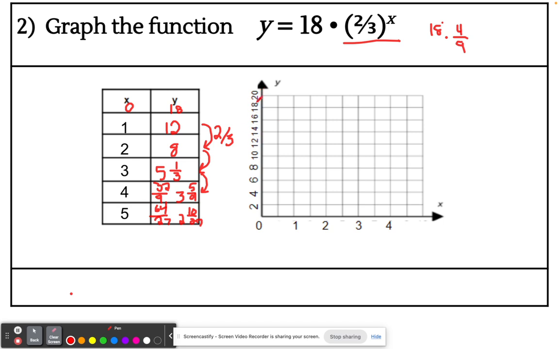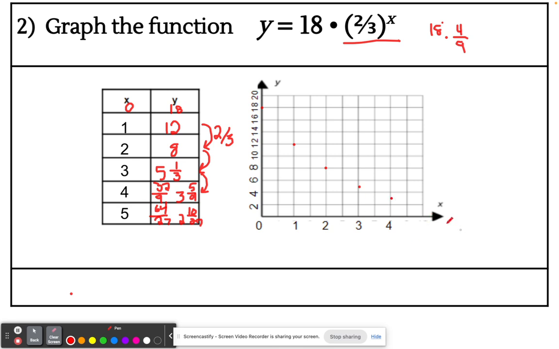So I'm starting at 18, then 12, 8, 5 1/3. 4 will get me down here to 3 something. And then it should be a little higher than that.